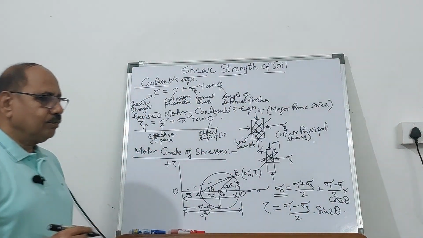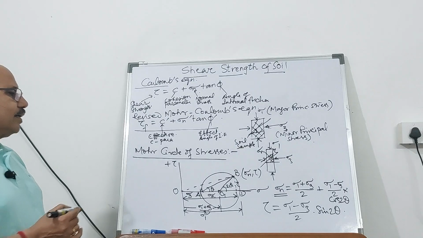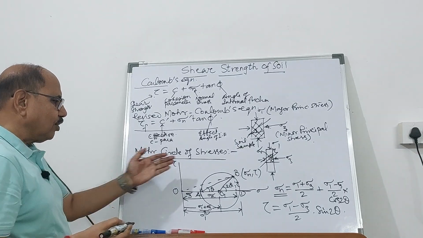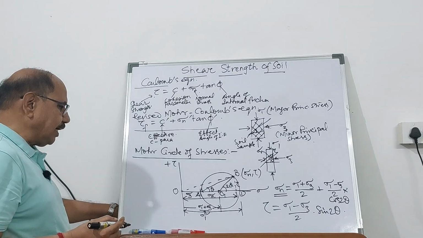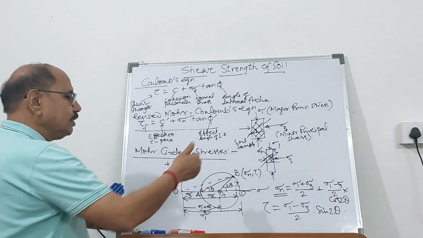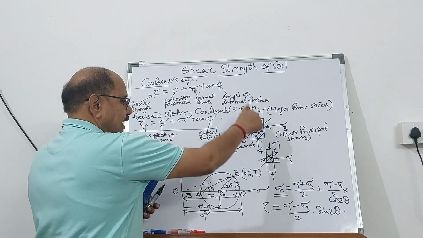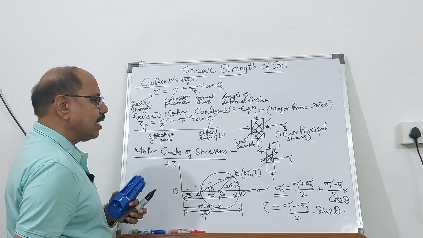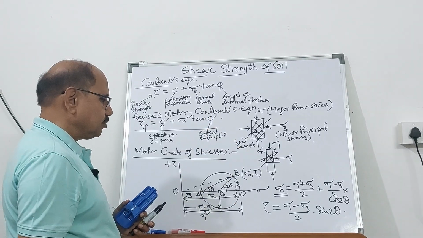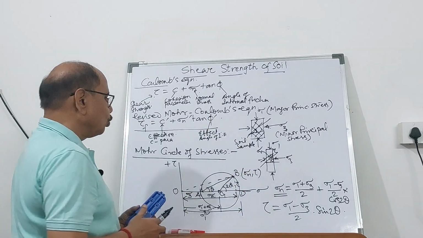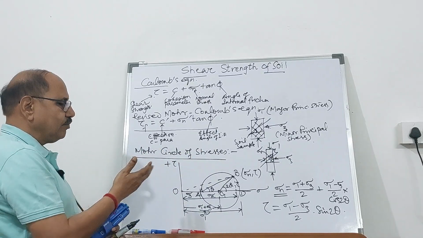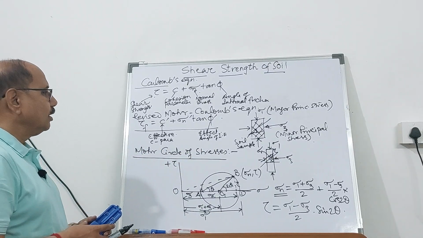So from the Mohr circle, we are in a position to calculate on any plane the value of sigma n and the value of tau. So what is the shear that is mobilized? If I have a sample which is subjected to major principal stress and minor principal stress, it can be shown by the Mohr circle of stresses. So a very simple way we can show it.